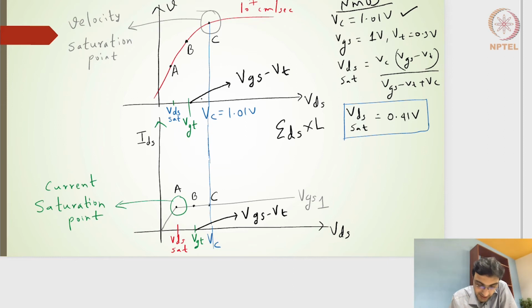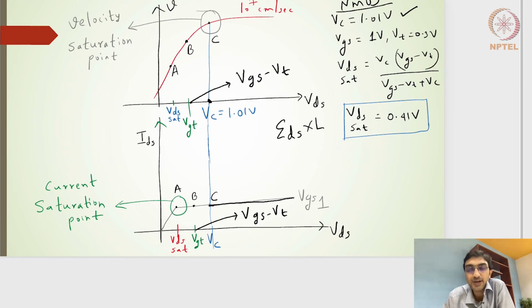So what it means is that at 1.01 volts, point C is achieved, where the velocity is transitioning from the linear current to the saturation current. Similarly, on the current counterpart, from point C it is nothing but the saturation region.